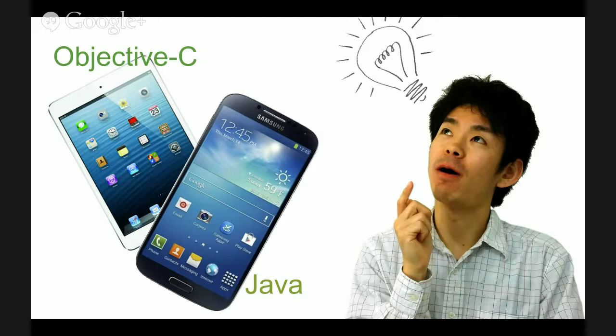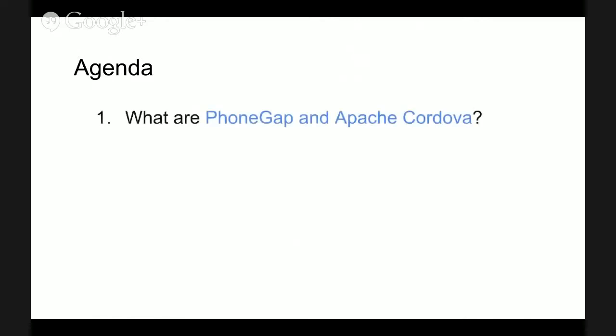So in this case, PhoneGap is one solution. So in the beginning, I will talk about PhoneGap and Apache Cordova. These are the main libraries for today's talk.